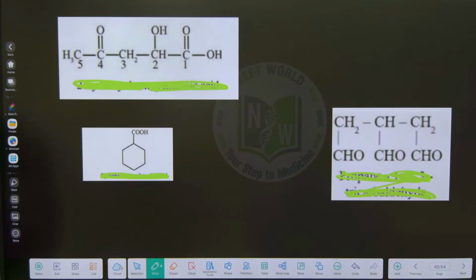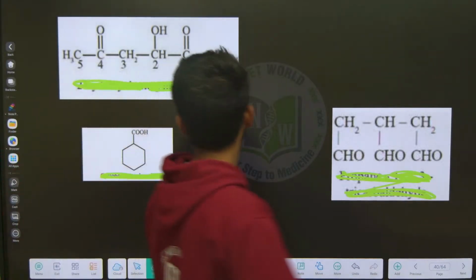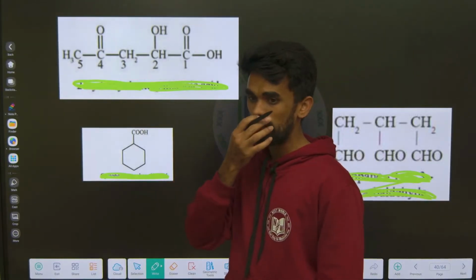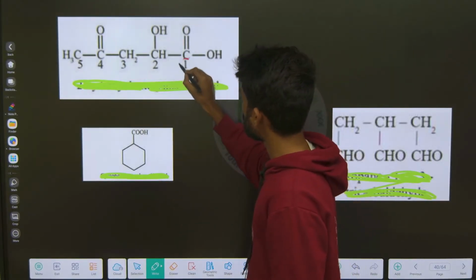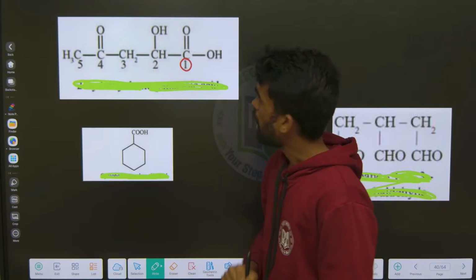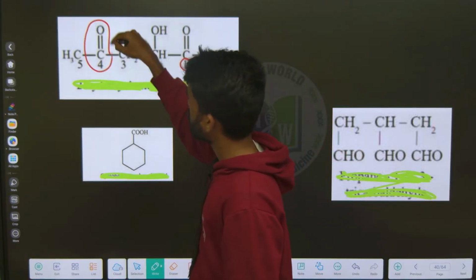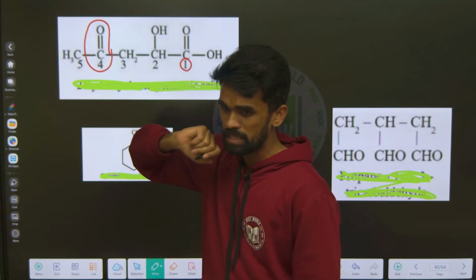Four ketone, 2-hydroxy, pentanoic. Which is the priority functional group here? The COOH, so numbering from there is the proper way. And in the parent chain we have a ketone, so the functional group carbon is also included.